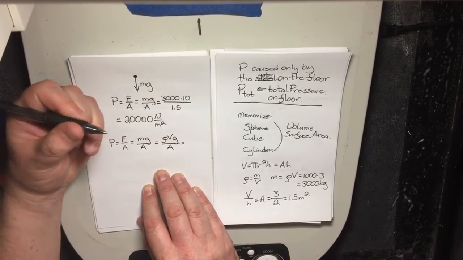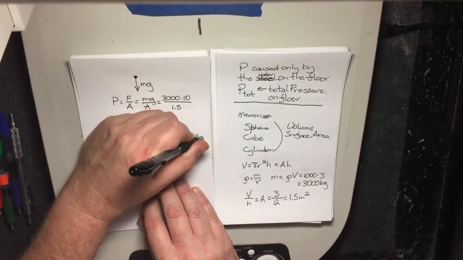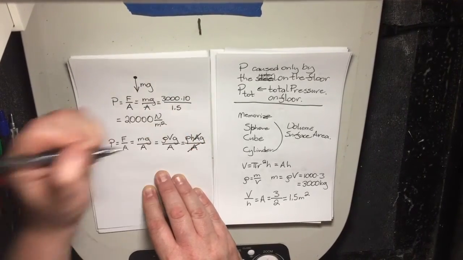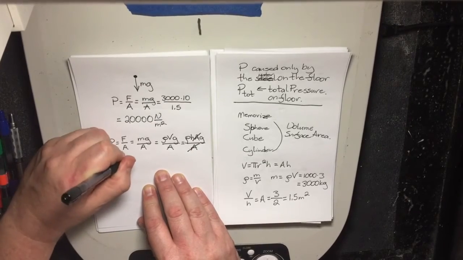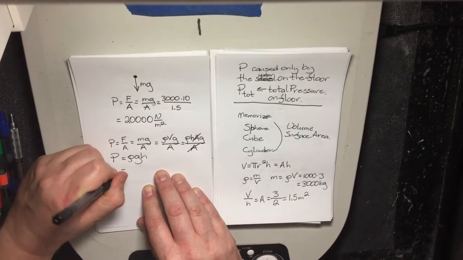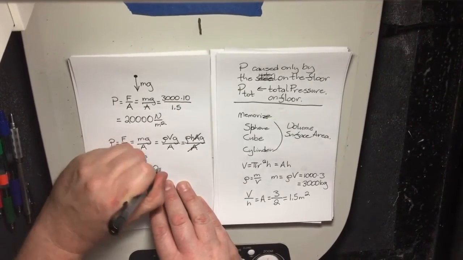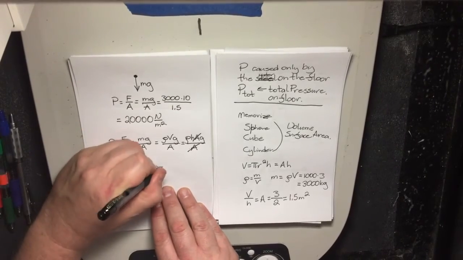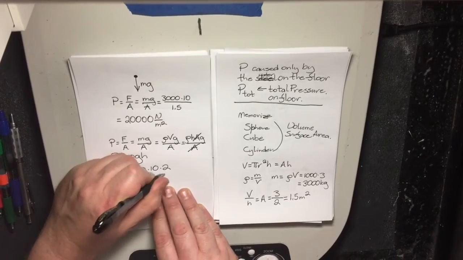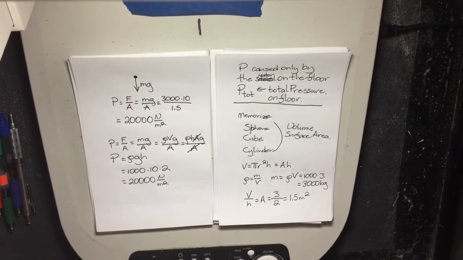Volume is base times height. So rho h A g over A leaves you with rho g h. So this pressure is 1,000 times 10 times 2, which is 20,000 newtons per square meter. We get the same thing.